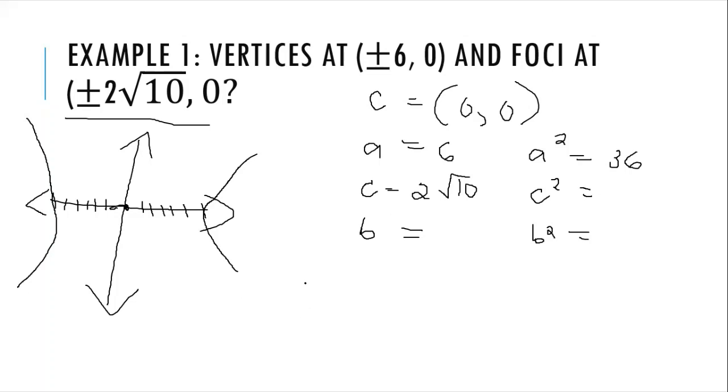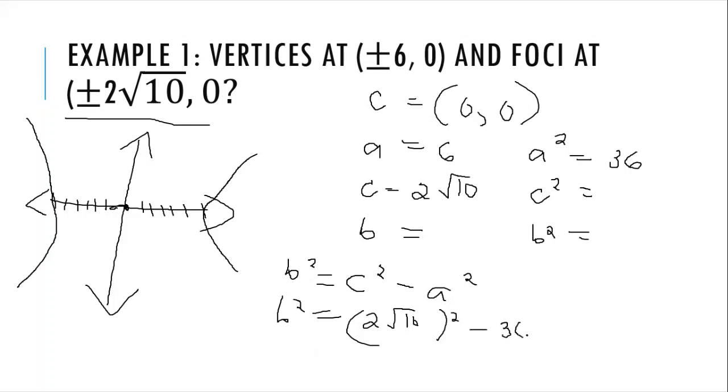So we can get the value of our b by the formula b squared is equal to c squared minus a squared. Okay po. So wala pa po tayong b squared, and then our c squared is 2 square root of 10 squared, minus our a squared, which is 36.